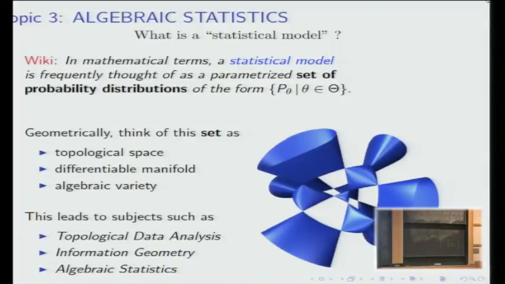Amari in Japan saw that, and that led to the field of information geometry, which is the study of statistical models and their application from the point of view of differential geometry. If you're me, you see an algebraic variety, right? You see the global algebraic geometry. There will be some polynomial, maybe of degree 4, that vanishes on this variety, and maybe using this polynomial, you'll be able to say something, and that leads to algebraic statistics.